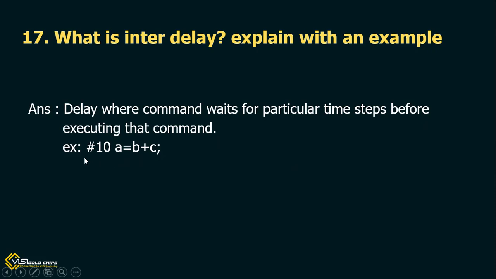So we have used the delay on the left hand side. Here, the values of B and C will be calculated, and then assigned to A after 10 time units.